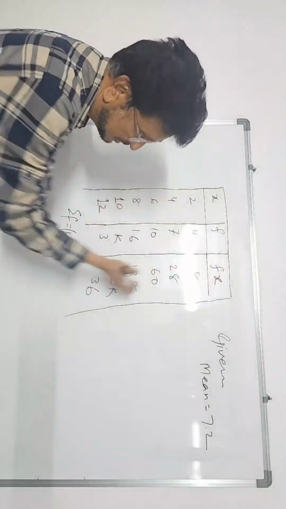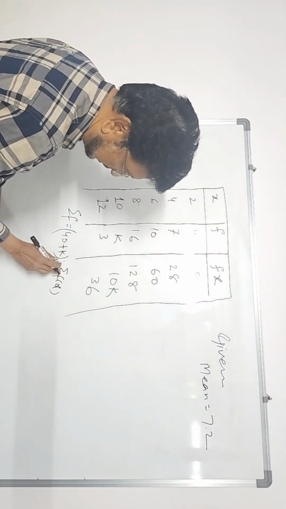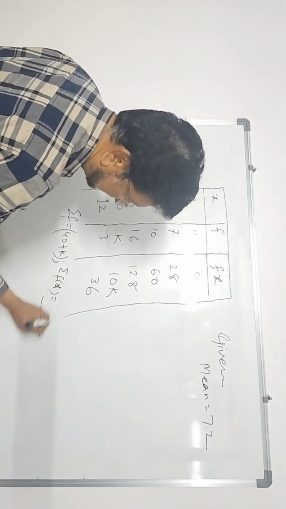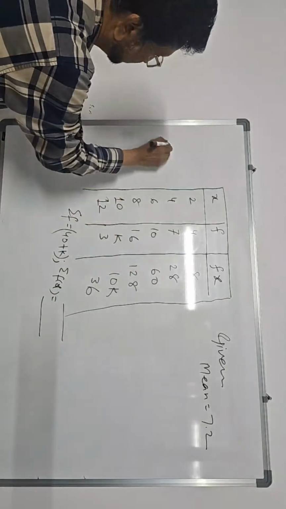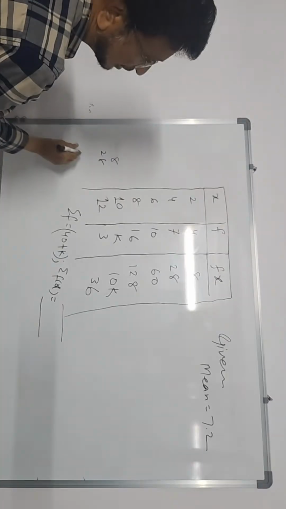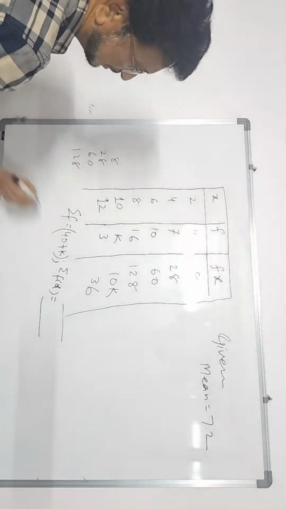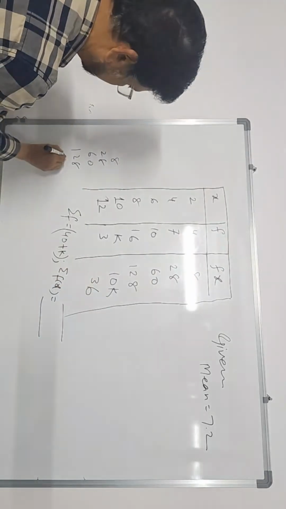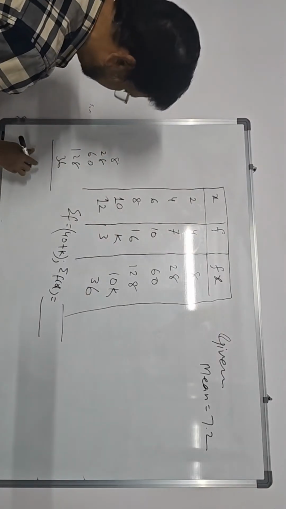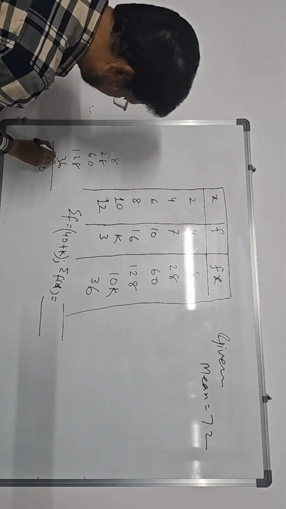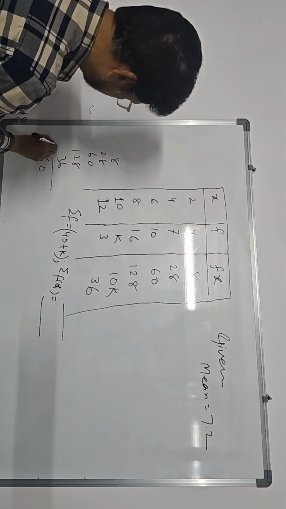What is sigma fx? Add up all these numbers, you will get sigma fx. First add the numbers. 8 plus 28, 60, 128, 36, leaving out 10k. 6 plus 8, 14 plus 8, 22 plus 8, 30 carried 3, 3 plus 3, 6 plus 2, 8 plus 6, 14 plus 2, 16 carried 1, 260.